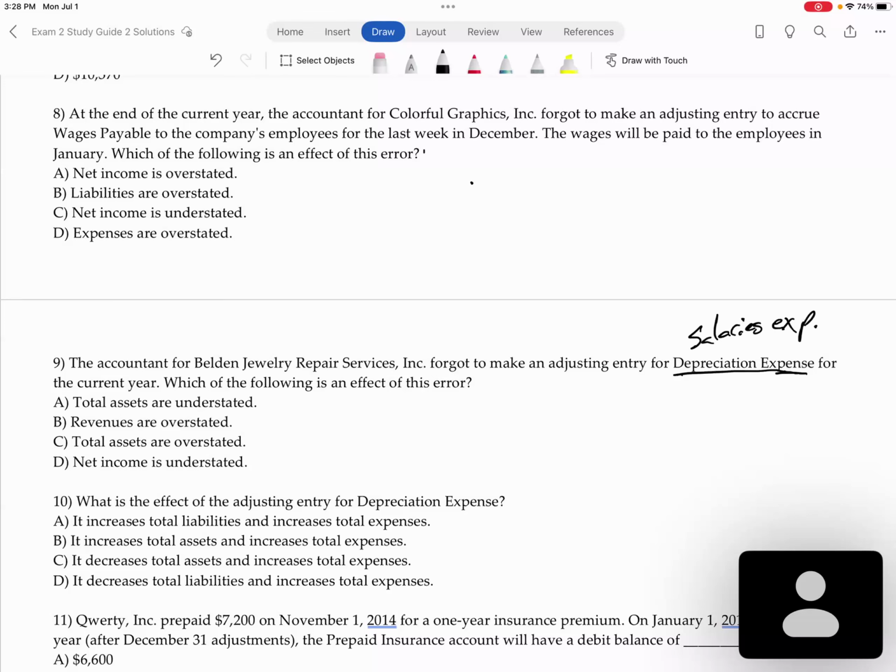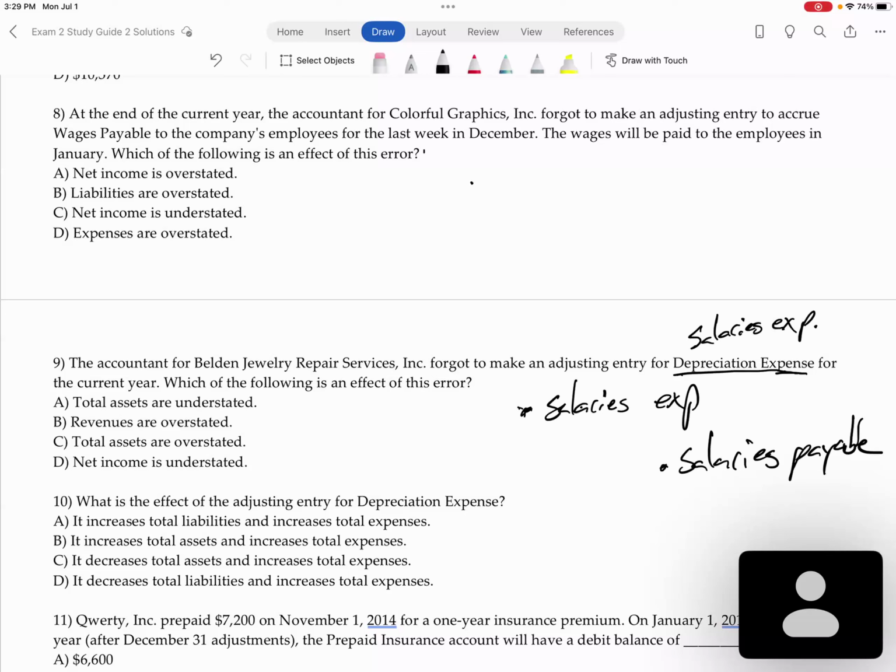Okay, so that adjusting entry would be debit salaries expense, and then credit salaries payable. So the first key to these ones is you have to know what the adjusting entry is. So if they failed to make this adjusting entry here, you have to know how to make that adjusting entry. So salaries expense, salaries payable.